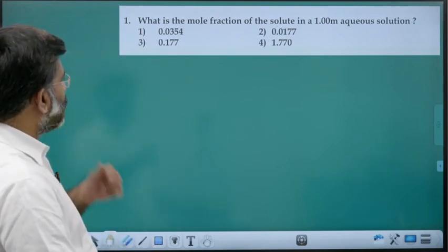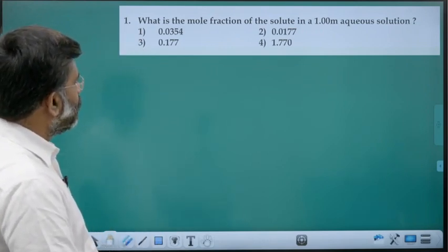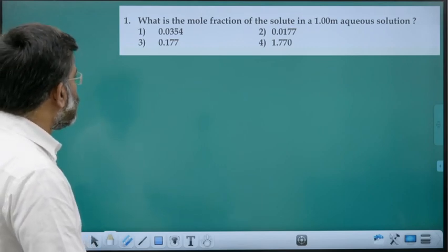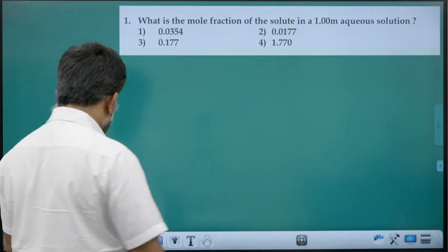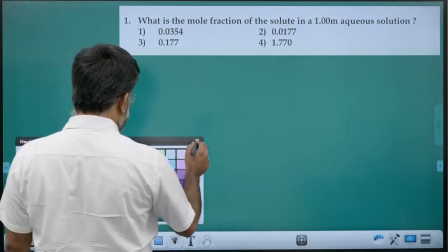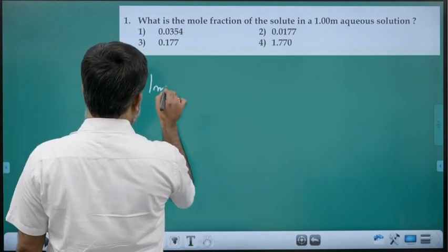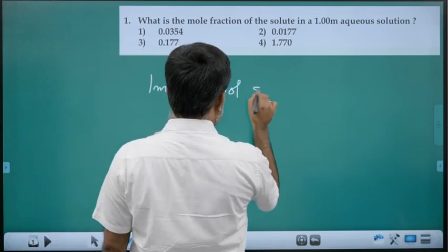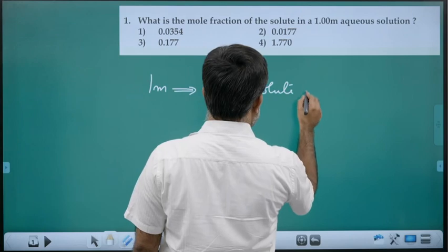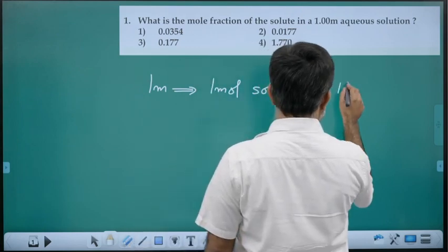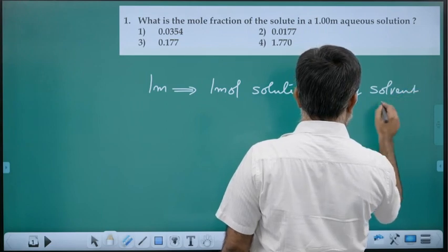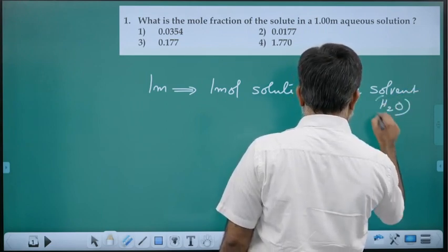What is the mole fraction of solute in a 1 molar aqueous solution? You know what is the meaning of 1 molar aqueous solution? 1 molar means 1 mole solute in 1 kilogram solvent, that is water.